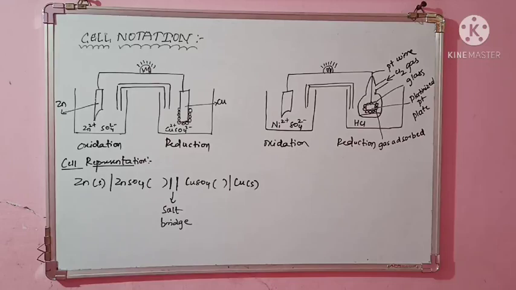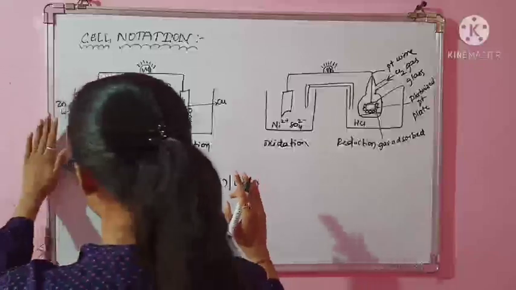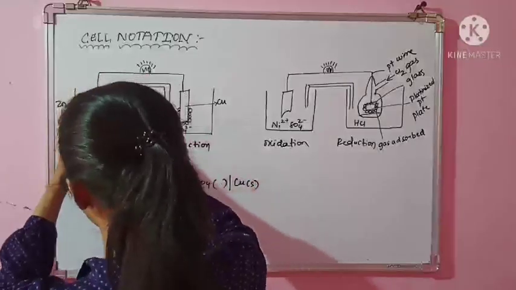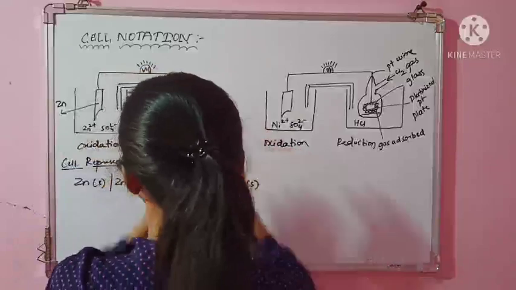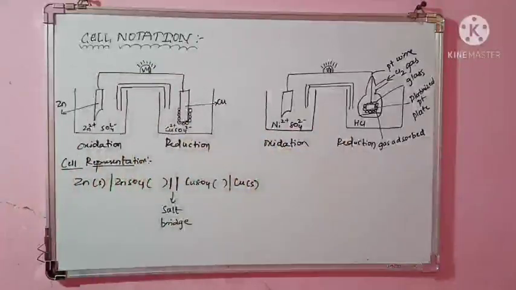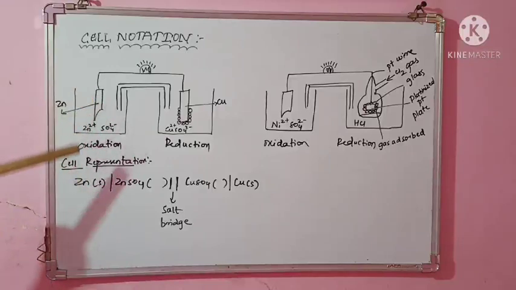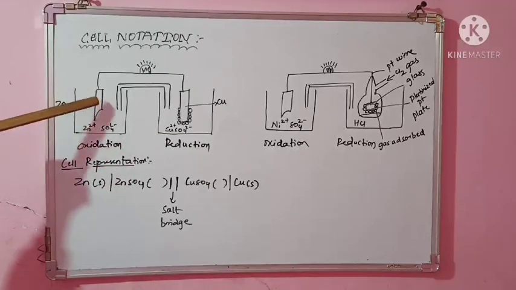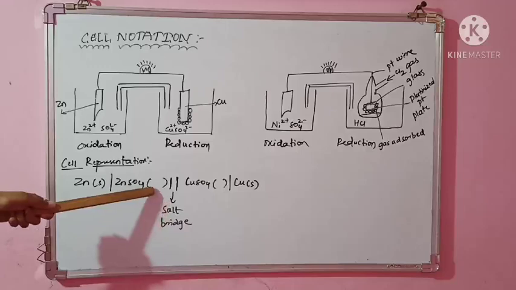I think it is very easy, isn't it? So how will you do it? First, remember, you take the left hand side, and then you have to come to the right hand side. Once again I will say the path. First the zinc metal you have to write, it is a solid. This zinc is in contact with ZnSO4. It will have a certain concentration.